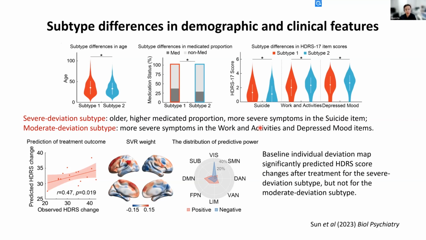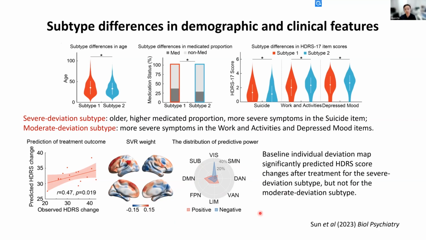More interestingly, using the baseline deviation map, we can significantly predict symptom changes after 6 months of antidepressant treatment. However, this model only works for the severe deviation subtype, but not for the moderate deviation subtype.